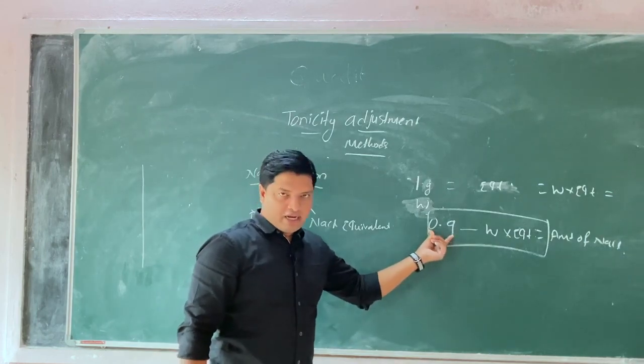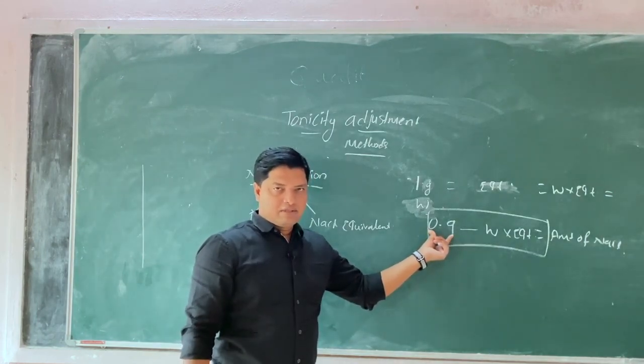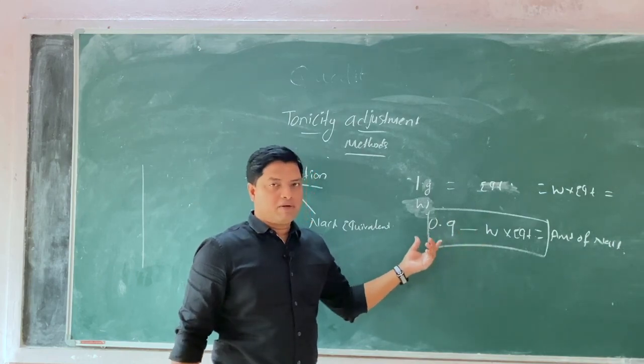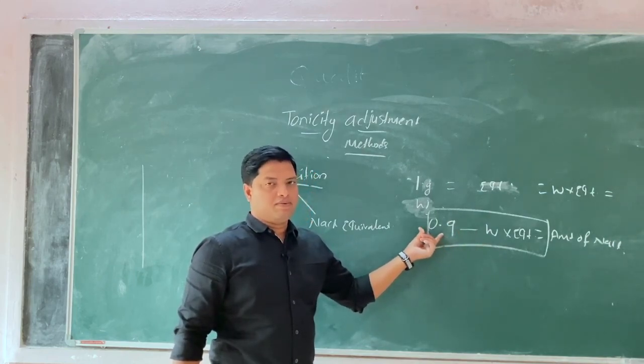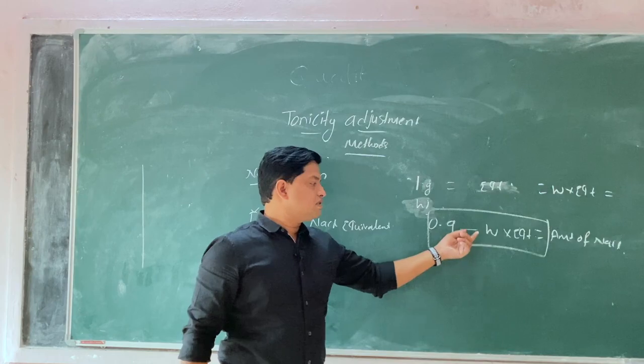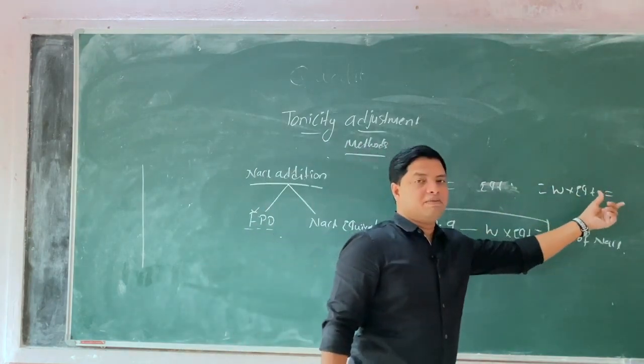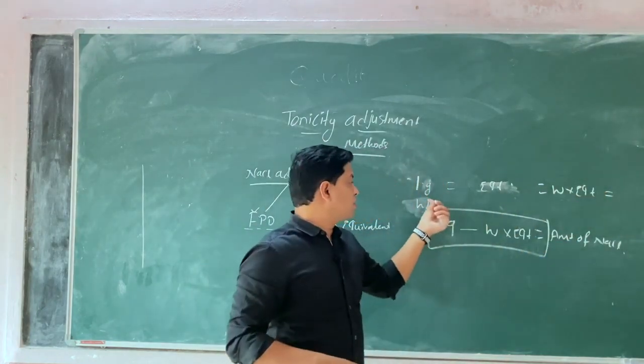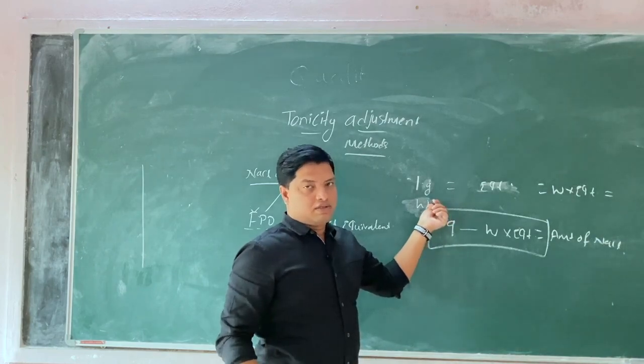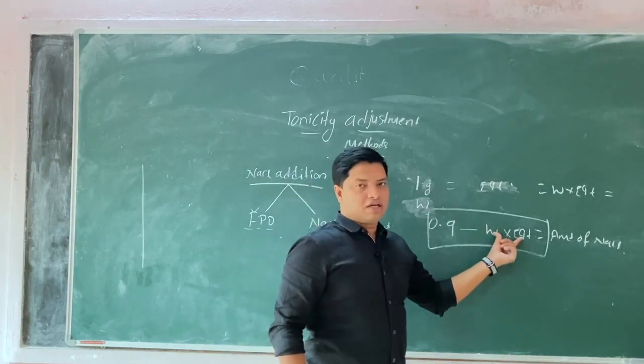In total we want 0.9 only, in 100 ml. For 100 ml, 0.9 is there, minus the equivalent of NaCl present due to the presence of that amount of drug in the solution. That equivalent is this one; this is the conversion factor.